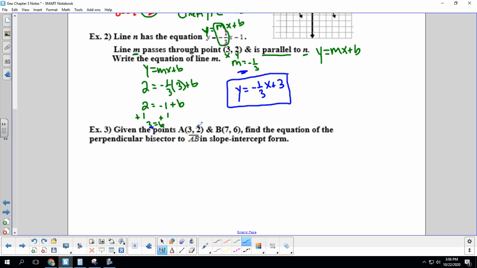Given the points A (3, 2) and B (7, 6), find the equation of the perpendicular bisector in slope-intercept form. Woohoo! Okay.